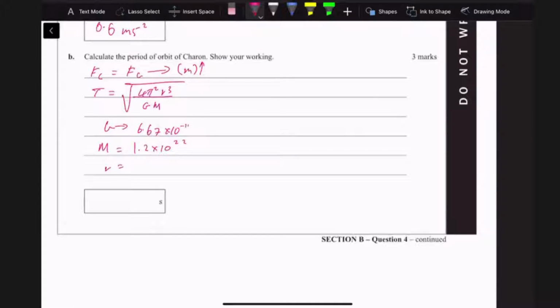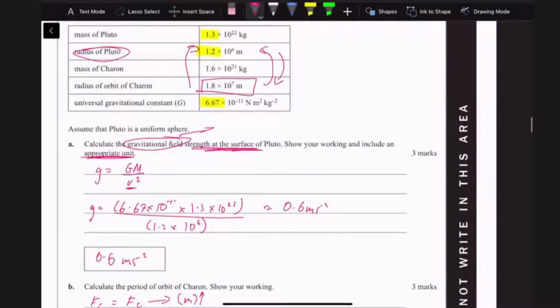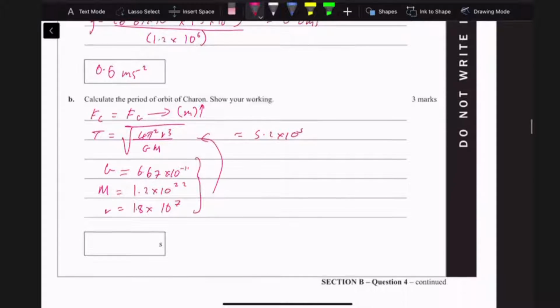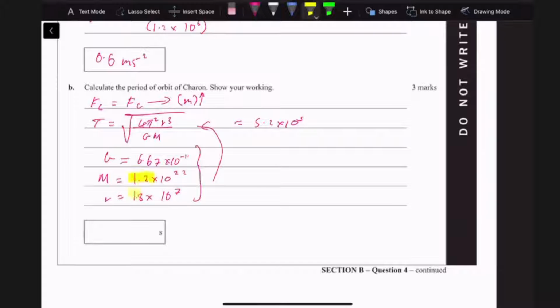So R is 1.8 times 10 to the 9, I think. I've got 7. And then you chuck all of this into here, and you should get 5.2 times 10 to the 5. Again, sig figs is 2 because of these two values, which are the lowest. So 5.2 times 10 to the 5.